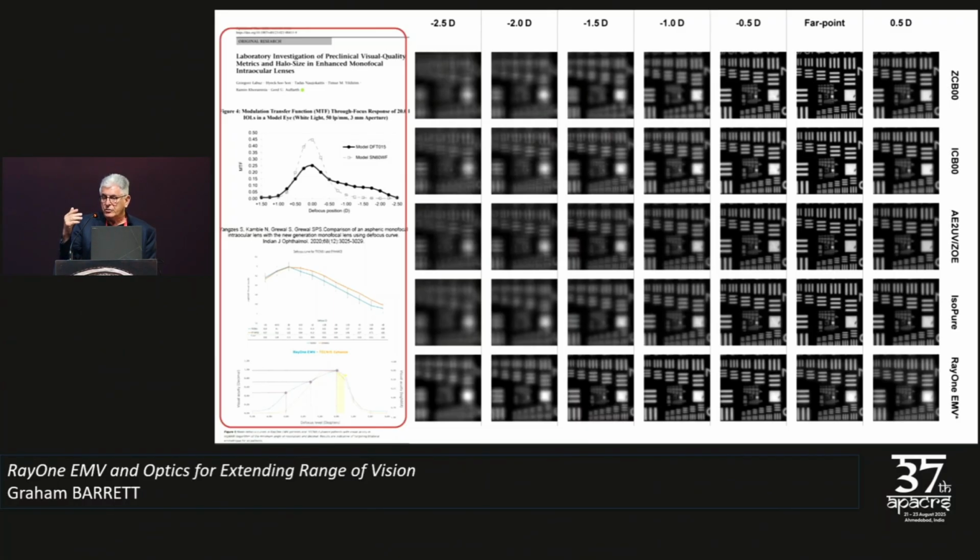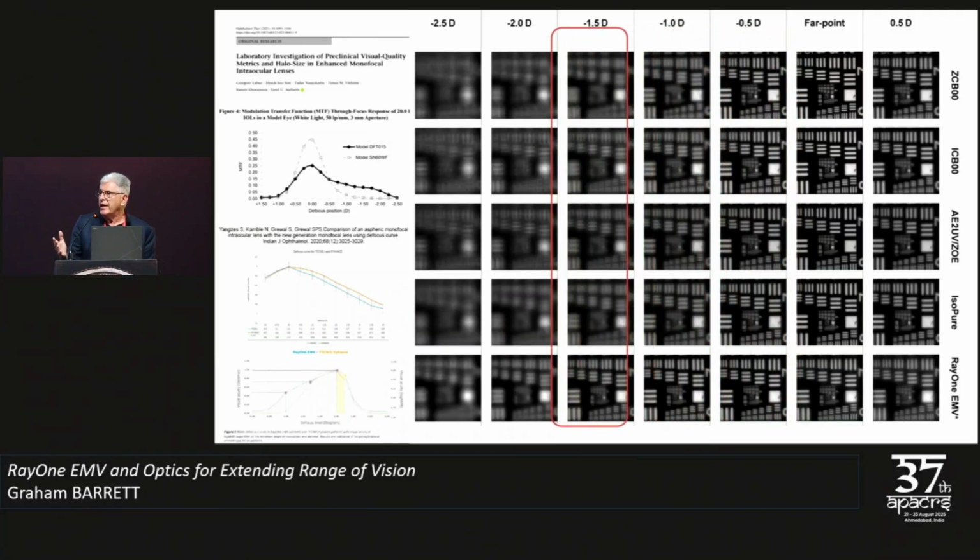One thing you can do, if you look at this paper by Gerd Arfath, is do resolution target and simulate directly, looking at the resolution target, the impact of that particular extended depth of focus lens. One thing is quite clear when you look at that comparison in Gerd's paper, that in order to get reasonable reading vision with all these extended depth of focus lens, you need to add some myopic defocus in one eye, if you look at the binocular defocus curve.